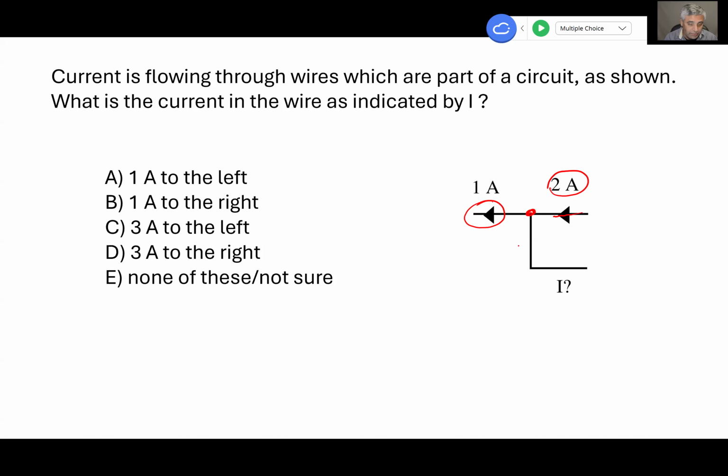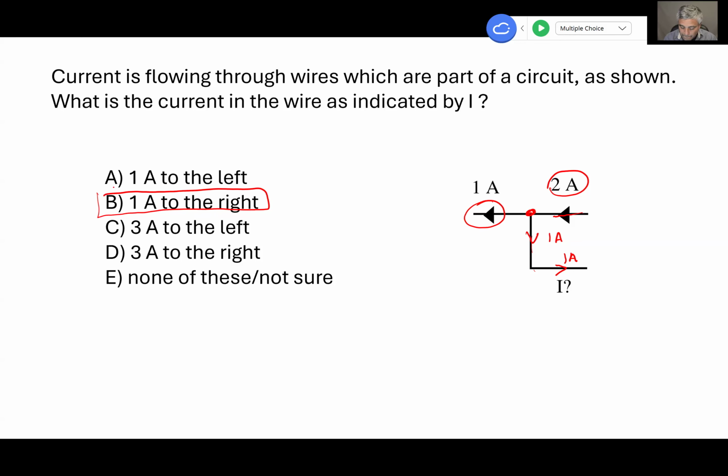So there is 1 ampere missing somewhere that must be going through this one here. So when it arrives at this section, it is going 1 ampere to the right. Okay, so looks like B is the correct answer.